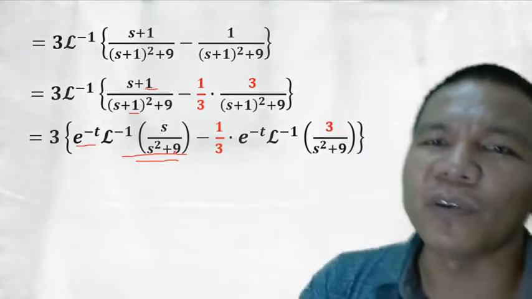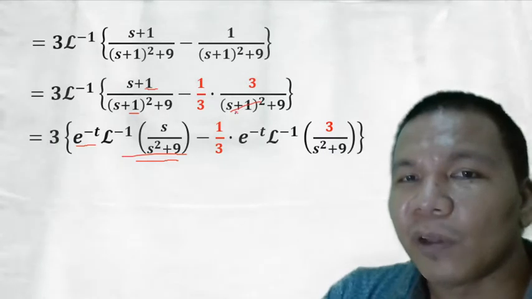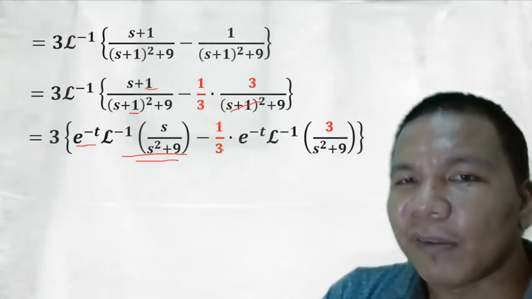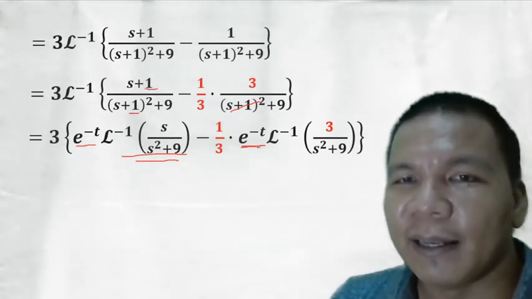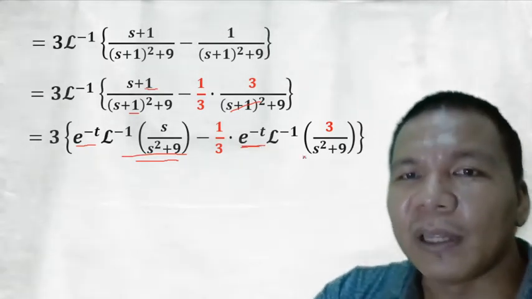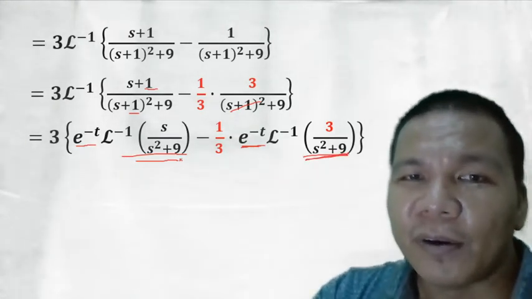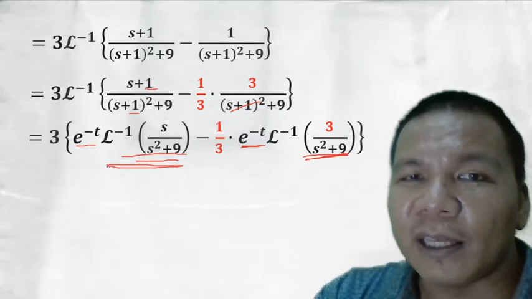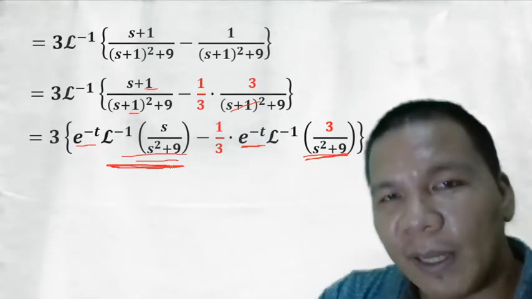The same is true if we take out 1 here. Outside your inverse Laplace transform sign, this will become e raised to minus t, leaving you 3 all over s squared plus 9. So if you take the inverse Laplace transform of this, what is that?